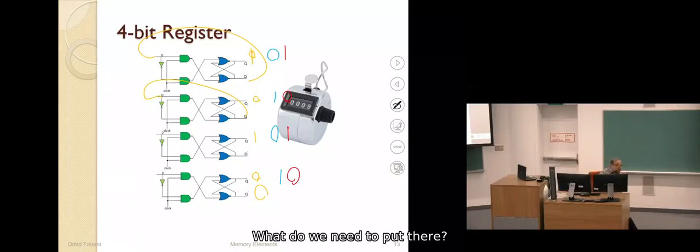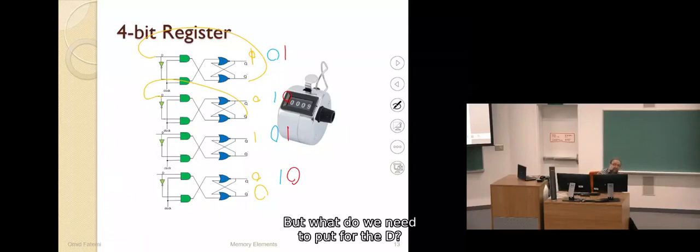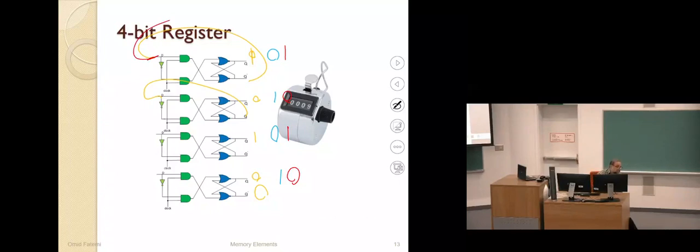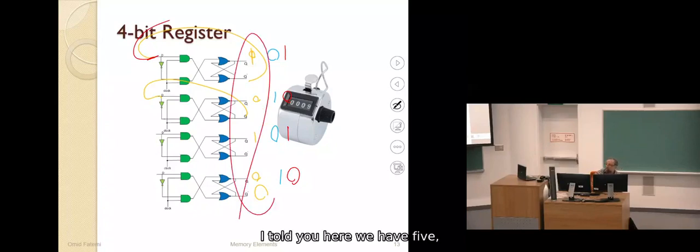So what do we need to put there? So the clock and Q? Yeah, the clock is there, but what do we need to put for the D? So the next Q would be the next number. You see, I told you here we have 5. What should be the next number? After 5, 6. How do we get 6 out of 5?